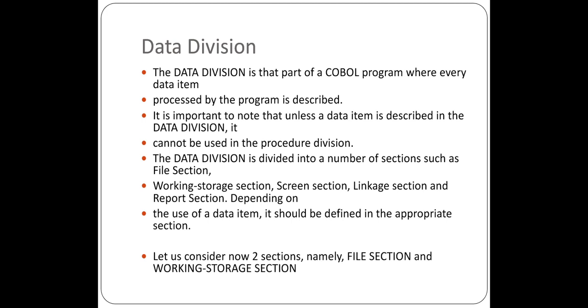The data division is divided into various sections. The various sections are the working storage section, the linkage section, and the report section. Depending on the use of the data item, it should be defined in the appropriate section. Now we are going to consider two sections. The first one is the file section, and the next one is the working storage section.